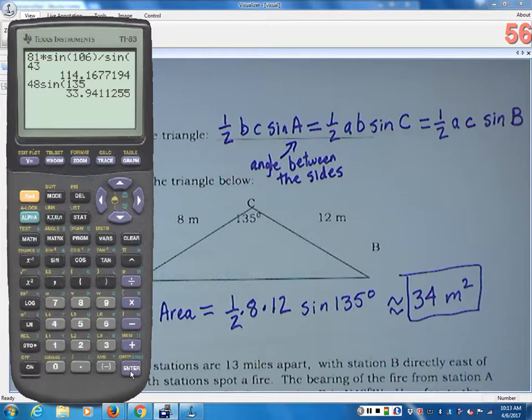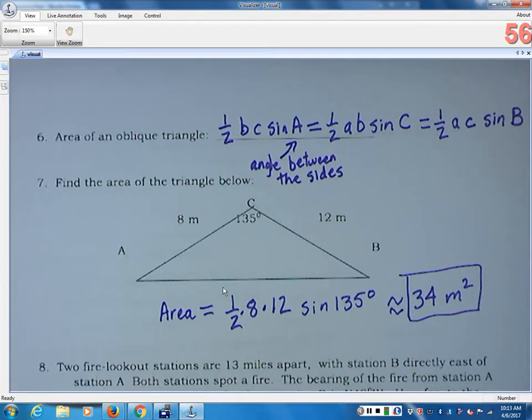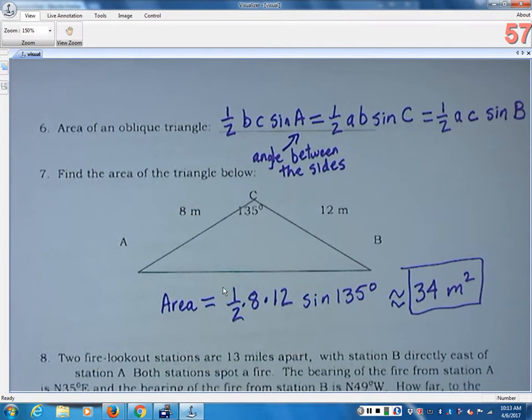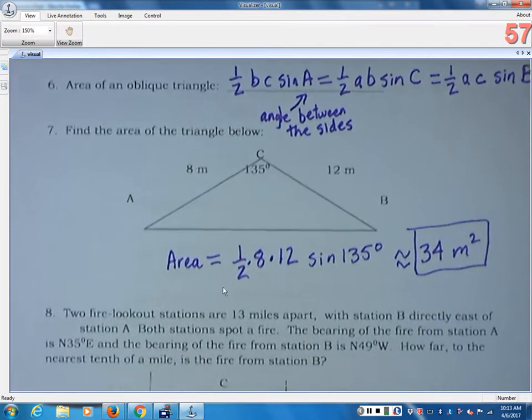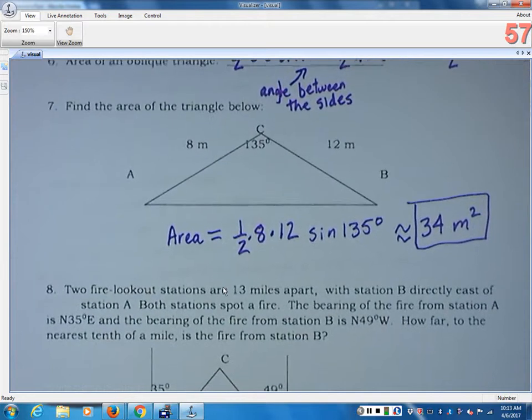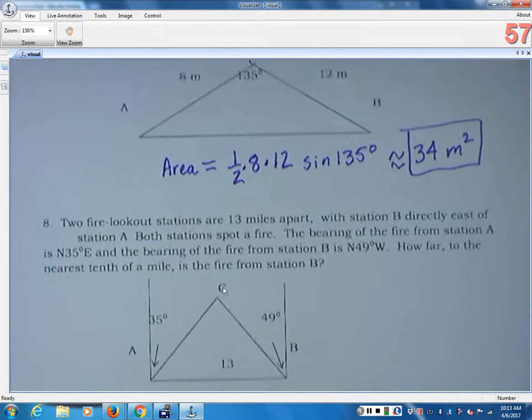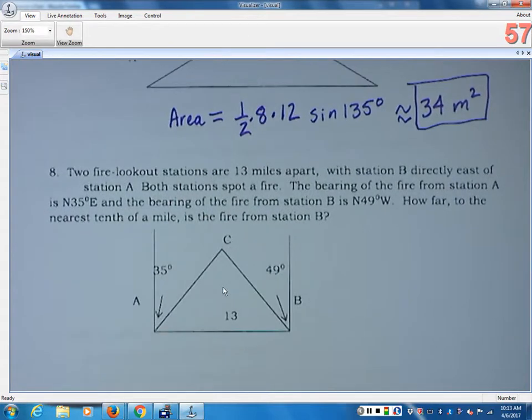All right, and then we have an application problem. So that's the area. That's not too bad. Now, we need to remember bearing for this. We got two fire stations. They're 13 miles apart. Fire lookout stations.